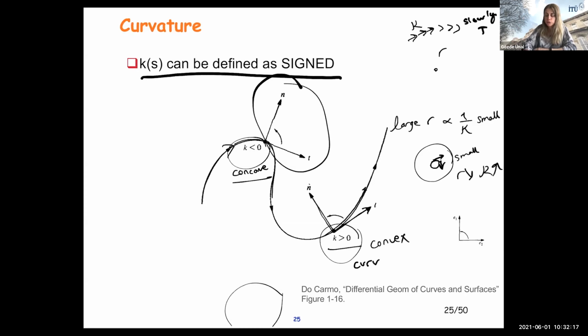Okay, curvature is positive. Here, curvature was negative. I think probably you recall this somehow, convex, concave, and the relation to curvature or the second derivative, right? We look at the second derivative of functions.